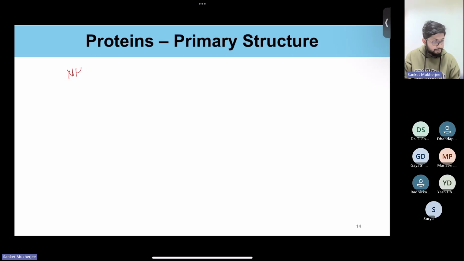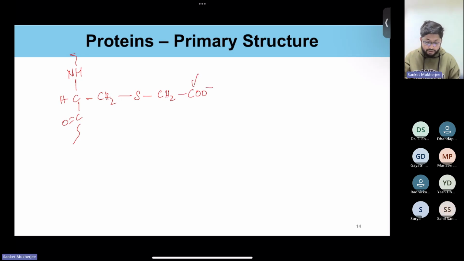Let's draw it. So there is a carboxyl group, there's a methyl group. That's why it's called carboxymethylated cysteines.